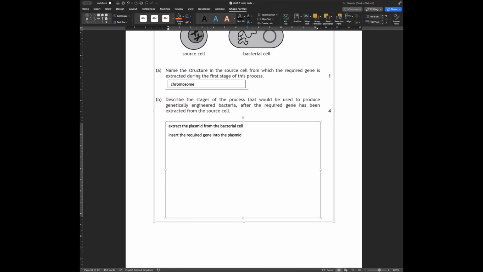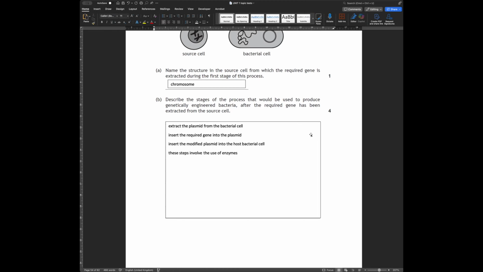We then need to place or insert the modified plasmid into the host bacterial cell. And the final mark is for stating that these steps involve the use of enzymes. Okay. These steps involve the use of enzymes. So that's your 4 points that you're looking for there to get the marks in this question.